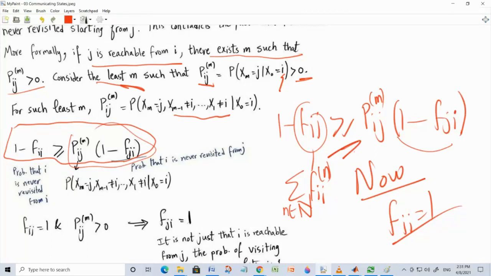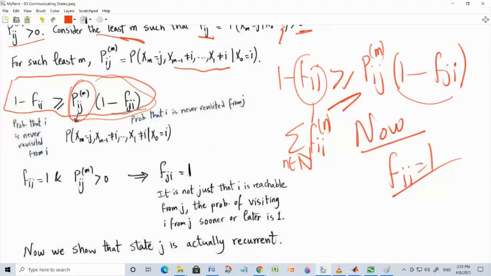The right-hand side is a product of two things. One of them, by definition, is strictly positive because we assumed that state J is accessible from I, and so it must be the case that the other term is equal to 0, and so Fji is equal to 1. Again, what did we prove here?